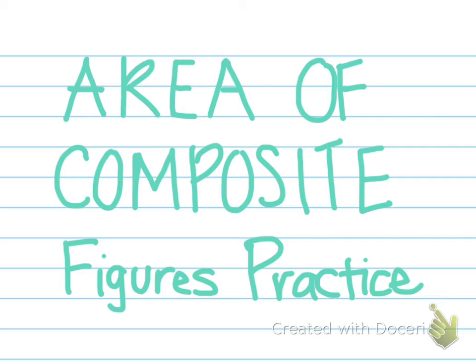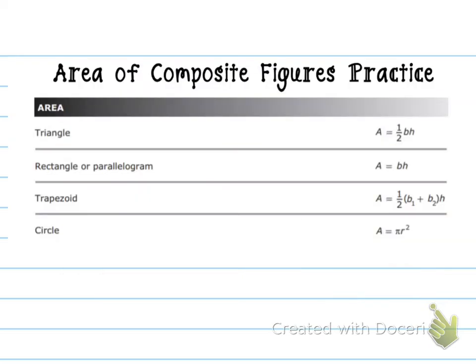So here we go. Area of composite figures practice. This is where we have learned that we need to know that multiplying by 1/2 is the same thing as dividing by 2. So here I like to use the formula area equals base times height divided by 2, more than using 1/2 base times height.